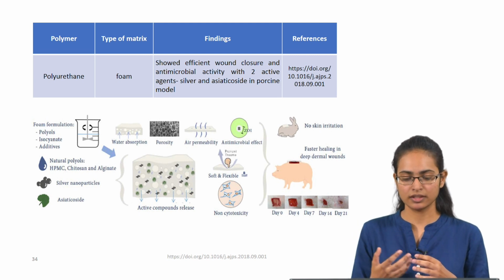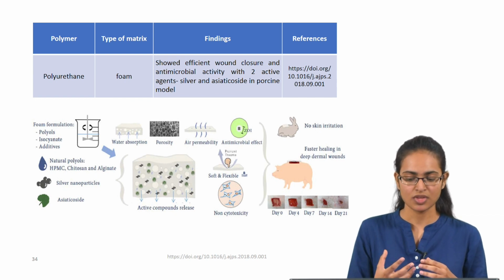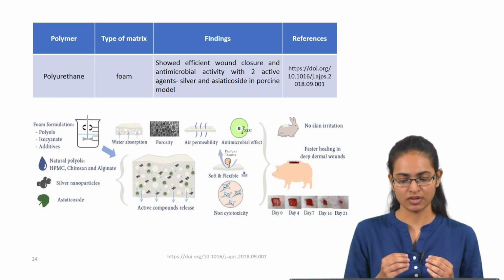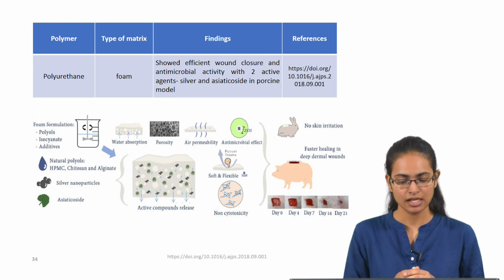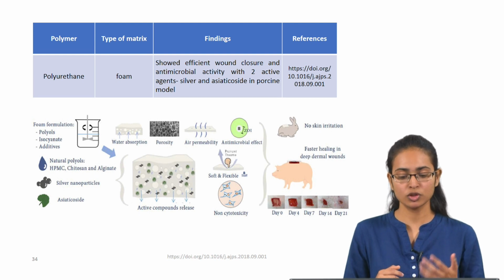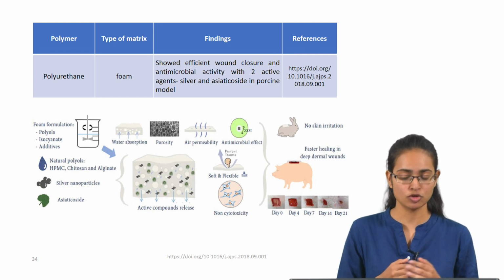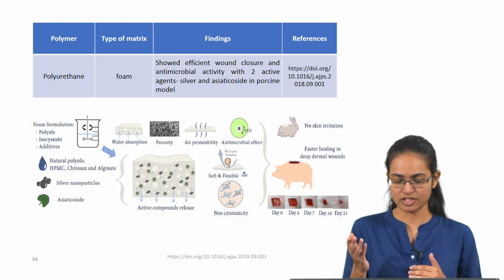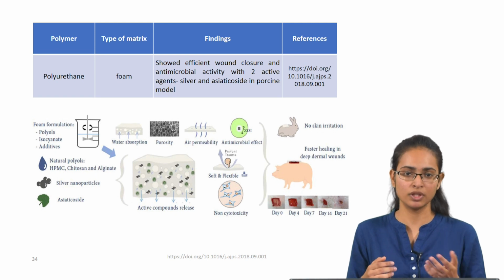You can also load different bioactive agents into the materials to render better wound healing properties. Here they have added silver and asiaticoside into the polyurethane material and tested wound closure in a porcine model. The material was shown to be biocompatible, as there was no skin irritation, and faster wound healing was observed in deep dermal wounds.